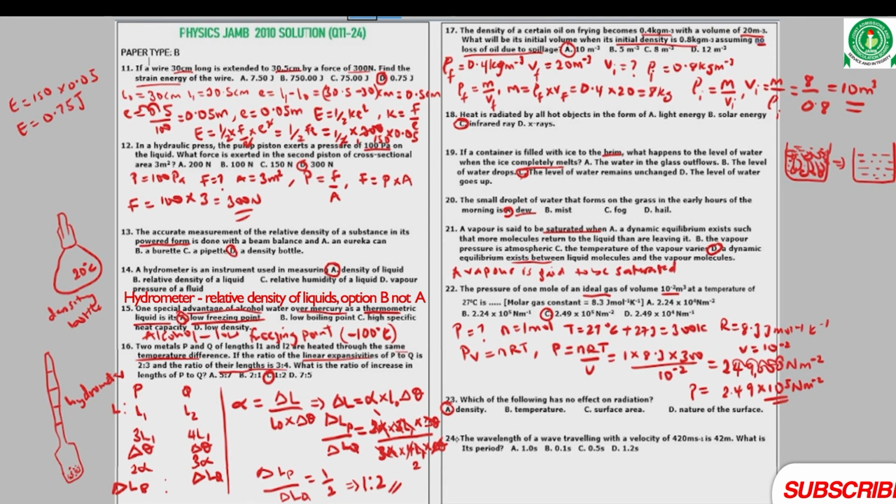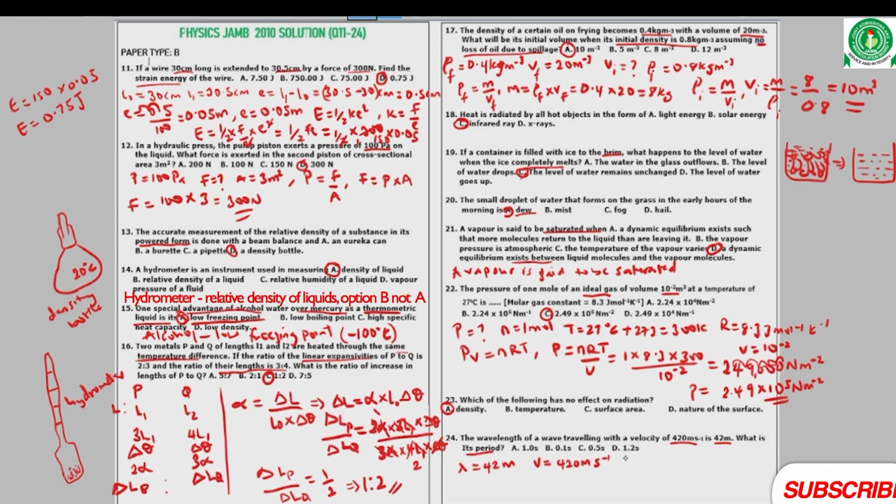So now the last question here says the wavelength of a wave traveling with a velocity of 420 meters per second is 42 meters. What is its period? Now the wavelength lambda is given as 42 meters, and the velocity of the wave is 420 meters per second.